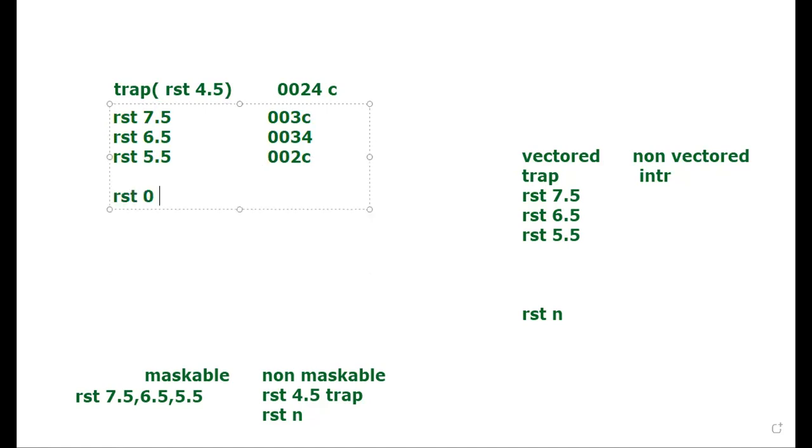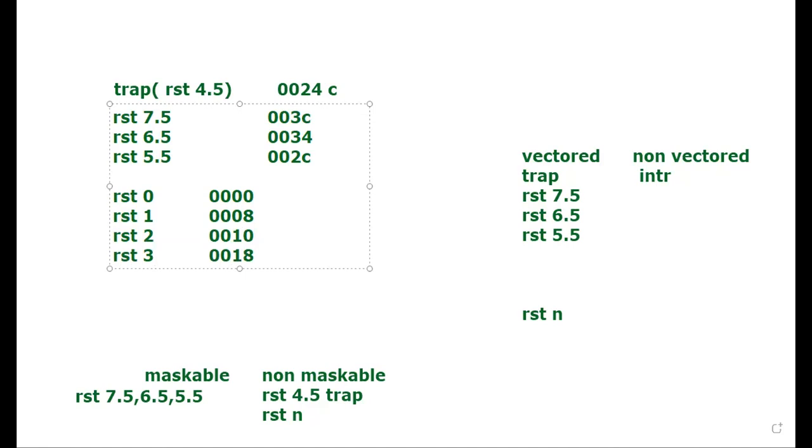If it is RST 0, the vector address will be 0000. If it is RST 1, the vector address will be 0008. RST 2 is 0010. RST 3 is 0018. RST 4 is 0020. RST 5 is 0028.